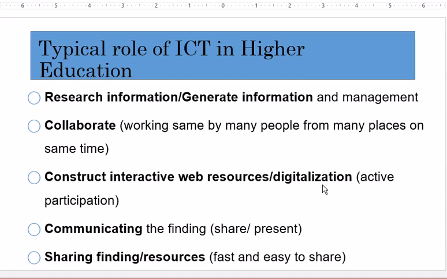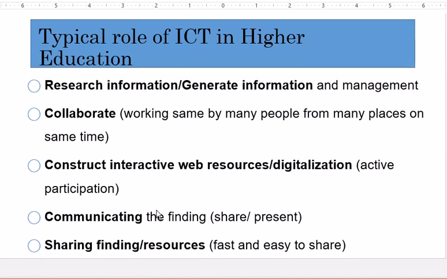We cannot depend on those hard copies of the textbook. Reading those hard copies of textbooks is just mugging up. There is no way that we get interaction with the books and get practice to understand what is right, what is wrong. So today digital copy helps us to practice and understand both the theories, and also we can give rigorous practice. So interactive web resources are very, very important for the 21st century.